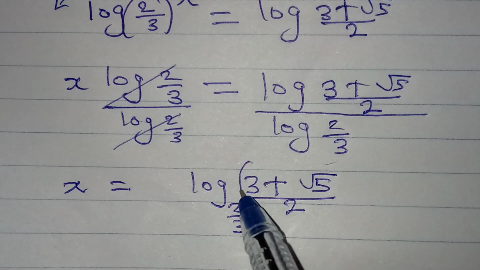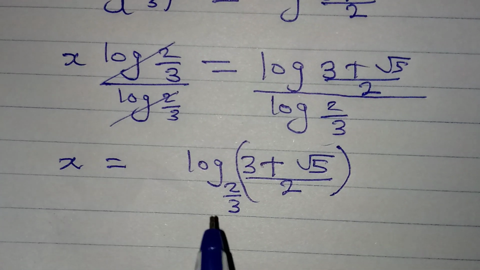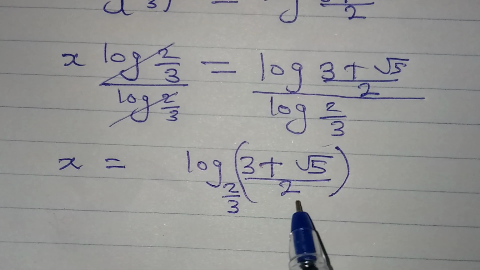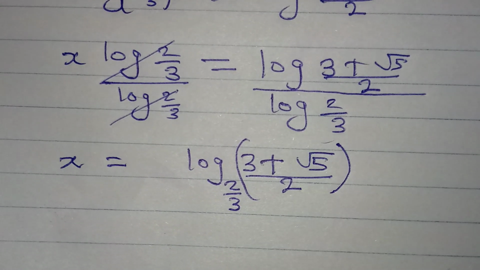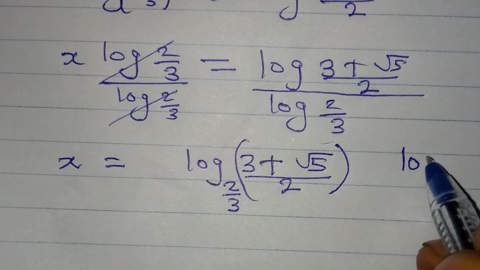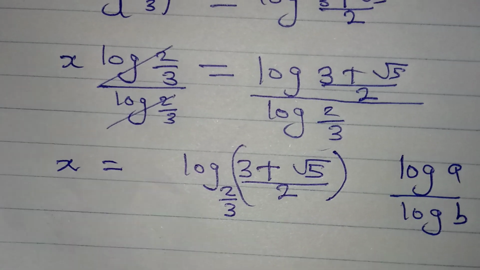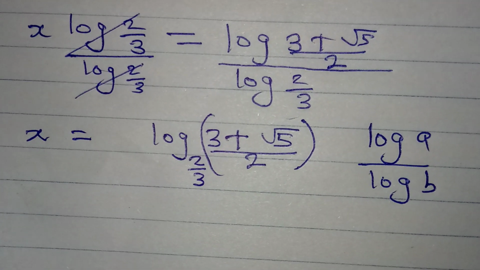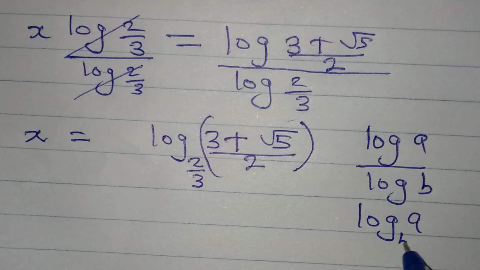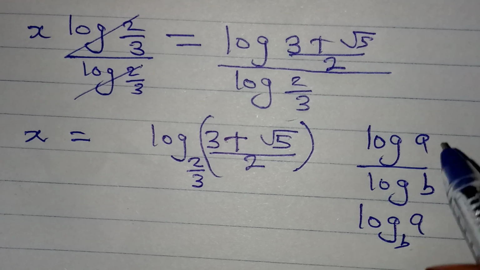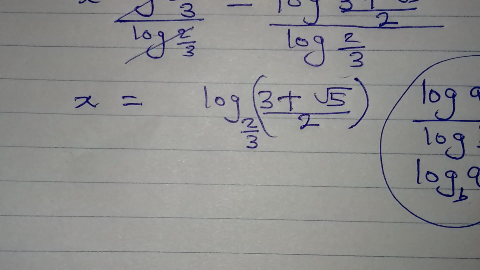In fact, let's put this in brackets so that we can easily read this. This is log of (3 plus square root of 5)/2 to base 2/3. Now what I've done is this. Remember, if you have log A over log B, since they are having the same base, this is the same thing as log A to base B. They are the same thing, and that is what I used for this, right?